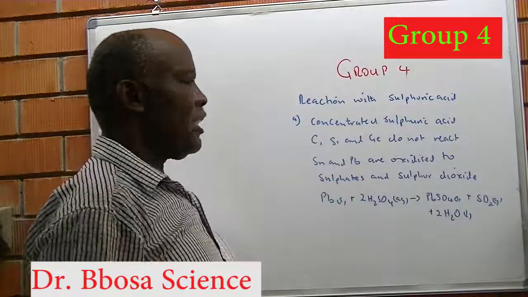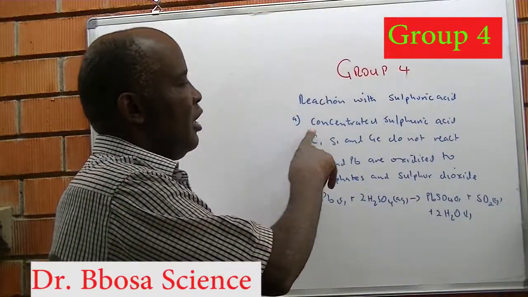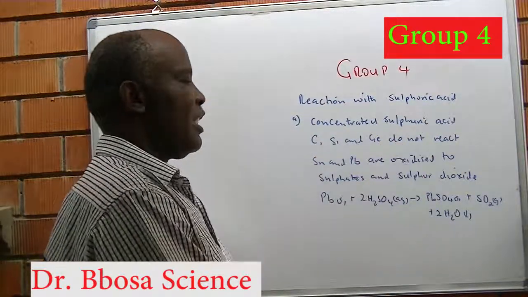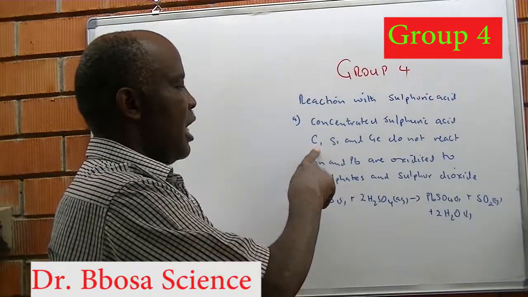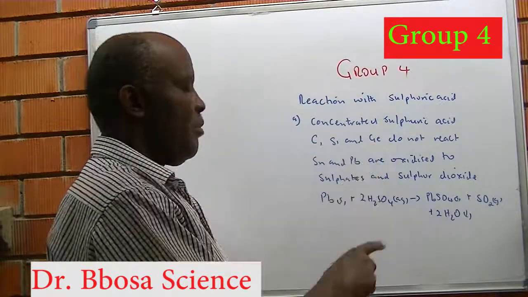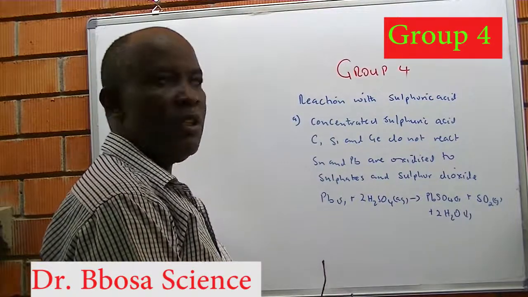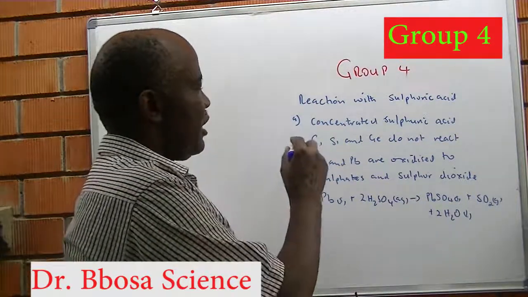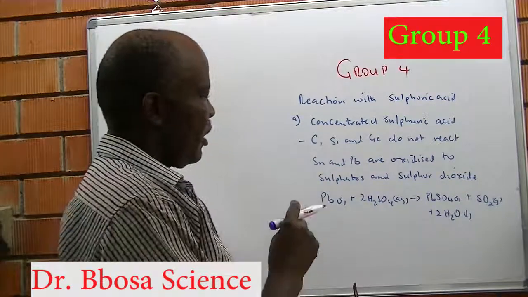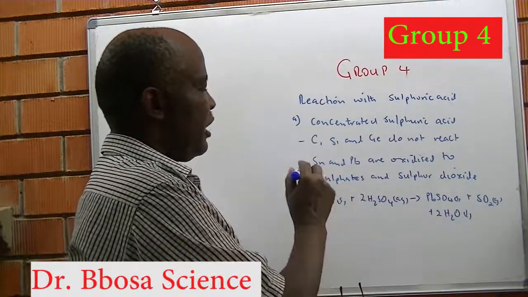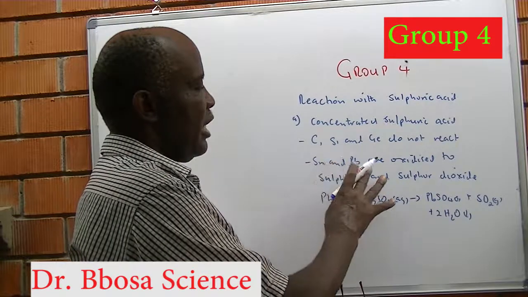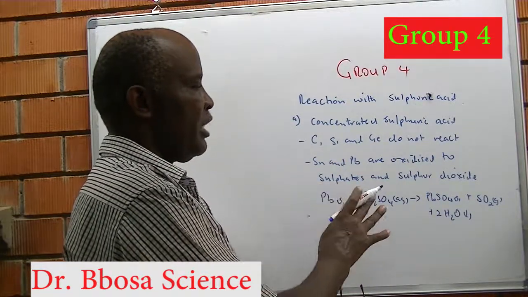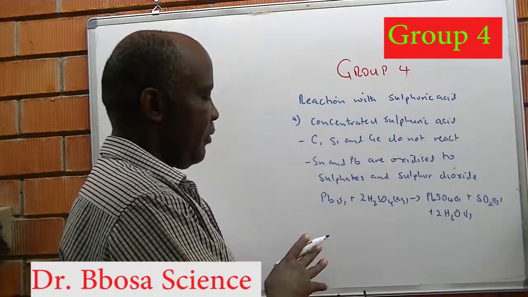Reaction with sulfuric acid. A. Concentrated sulfuric acid. Carbon, tin, germanium don't react with concentrated sulfuric acid. Tin and lead are oxidized to sulfates and sulfur dioxide.